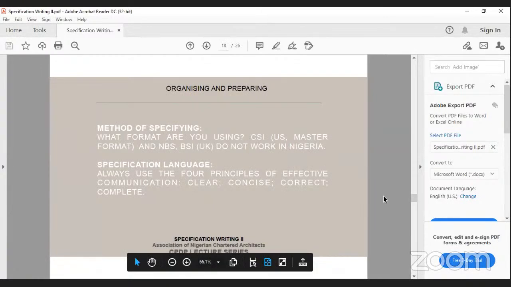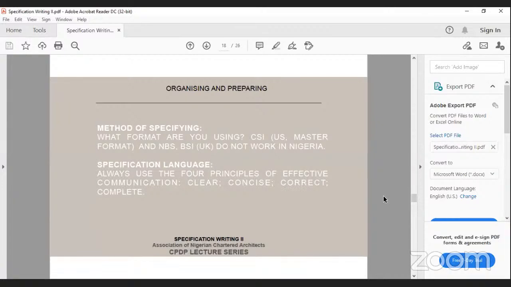One of the things we need to know on the internet is that you'll find CSI, DSI, NDS. CSI is a US standard specification style run by MasterFormat.